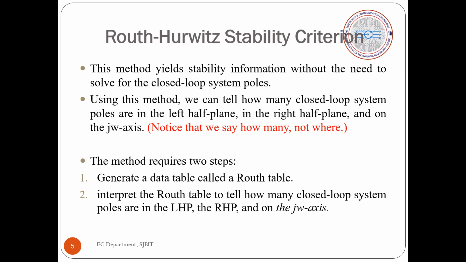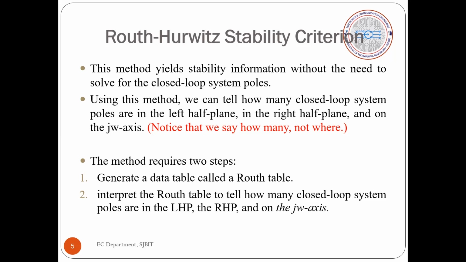Okay, this method requires only two things. We have to generate the table first. Looking into the characteristic equation, we generate the Routh-Hurwitz table and we have to interpret the table properly. While observing the first column, the number of sign changes gives us the information about roots lying to the right of the S plane. Based on that, we comment on the stability of the system.